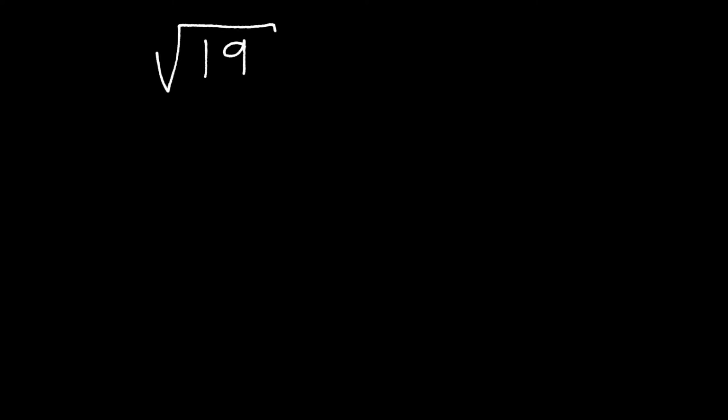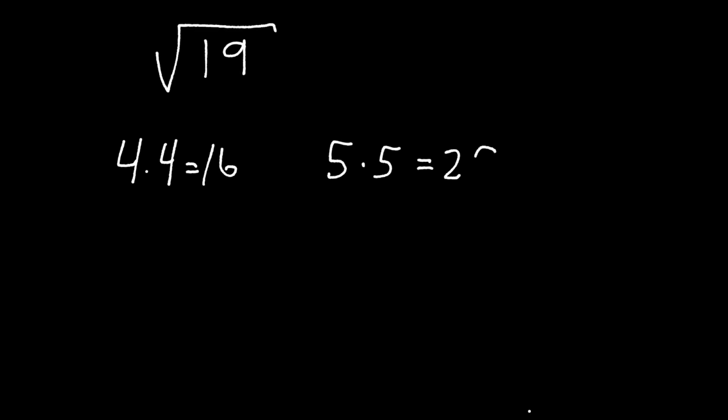19 is not a perfect square because 19 is actually prime. 19's only factors are 1 and 19. But we can come up with an approximation of what its square root is because we know 4 times 4 is 16, and 5 times 5 is 25.